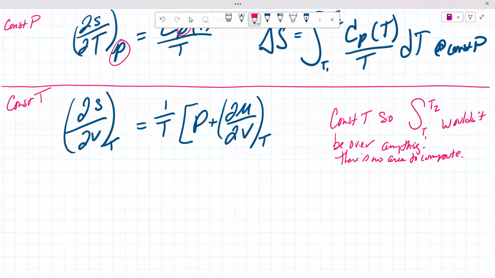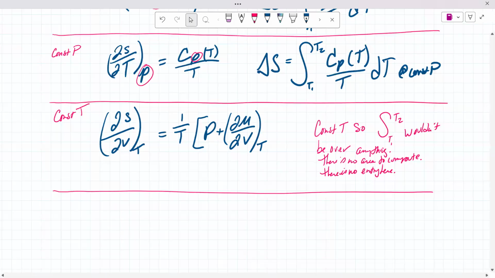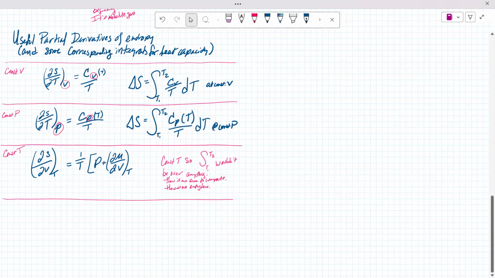So there's no entry here. Okay, so that's our little table of formulas, which I've organized for you. Yeah, not too bad. I'm just going to also put a little line here. Hopefully that makes sense to you. All right, good.